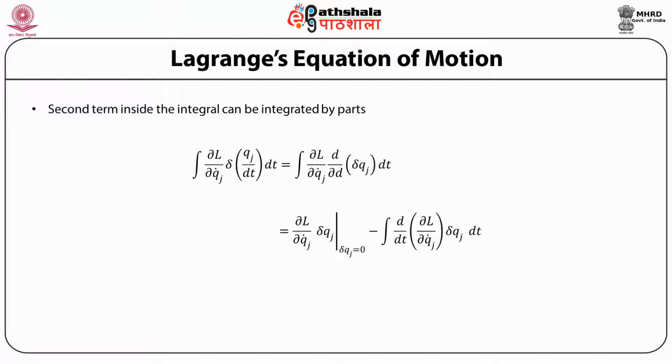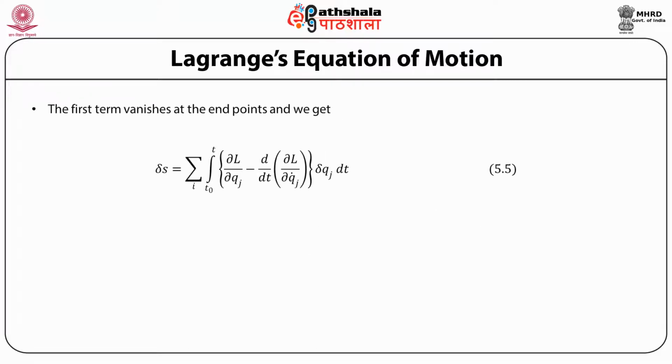Now if you look at the first term in the integral, it can be integrated by parts. It is the integral of the partial derivative of L with respect to qj dot times d/dt of delta qj, dt. Integrating by parts, we have the partial derivative of L with respect to qj dot times delta qj, evaluated at the endpoints where delta qj vanishes, minus the integral of d/dt of the partial derivative of L with respect to qj dot times delta qj dt.